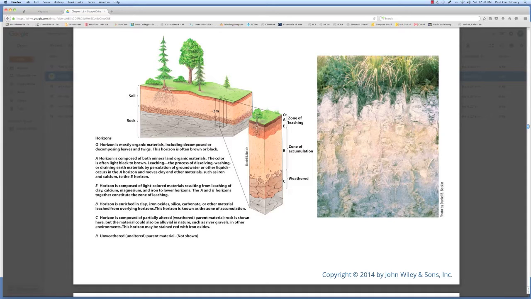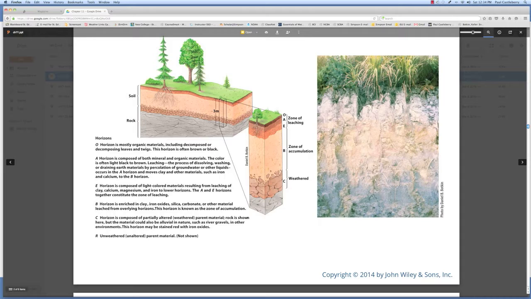Now, when we get down to the C horizon, this is some of the bedrock that has actually been weathered by physical processes such as tectonic movements, or chemical decomposition as well. So we do see some rock here, but it's being broken down.